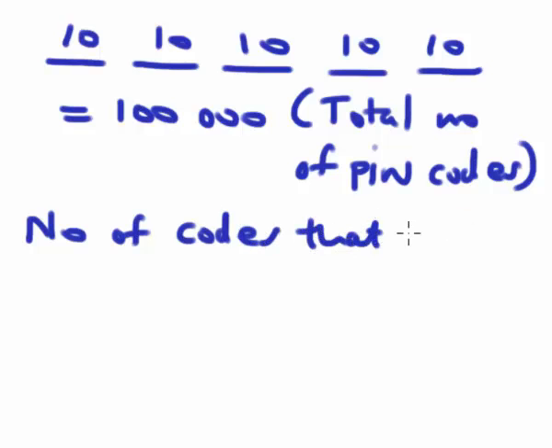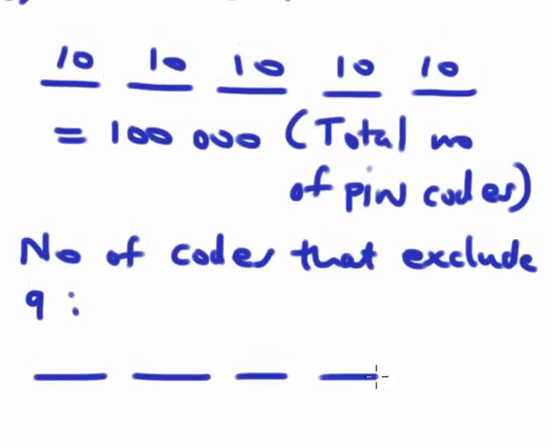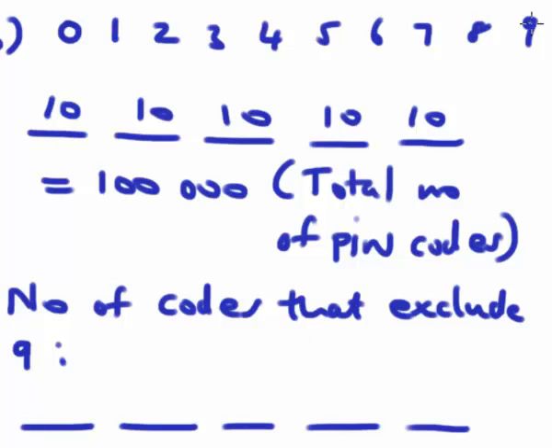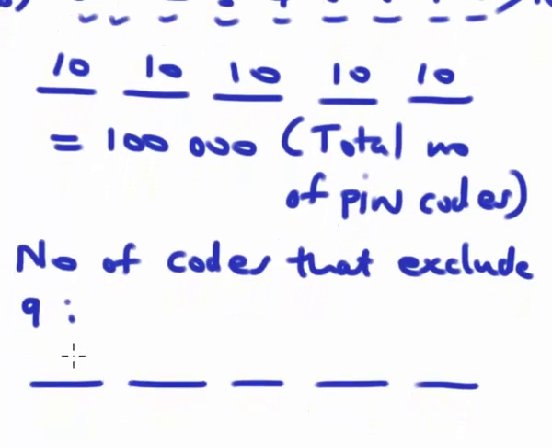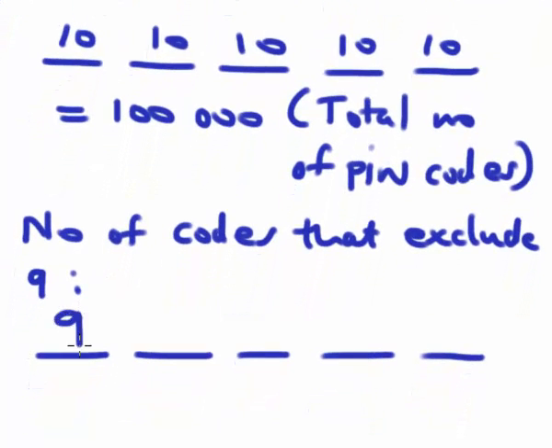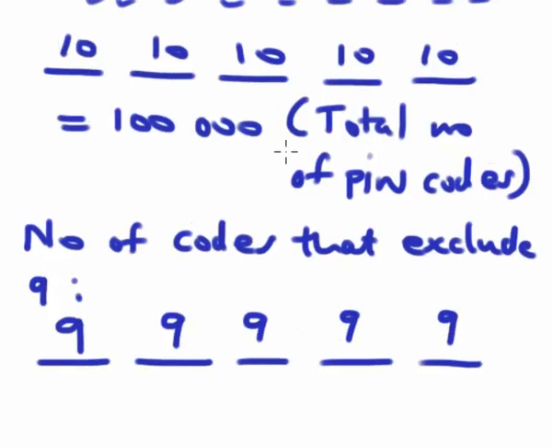But now what we want to do is look at the number of codes that exclude 9, that do not have the number 9 in it. Well, if we exclude 9, then we've got a total of 1, 2, 3, 4, 5, 6, 7, 8, 9 possible numbers. So we've got 9 in the first position, and because we can repeat, we can keep having 9 possible digits there, but we're excluding the number 9.